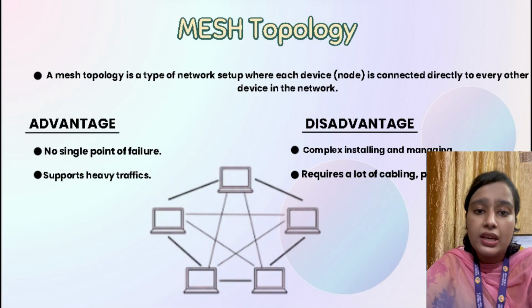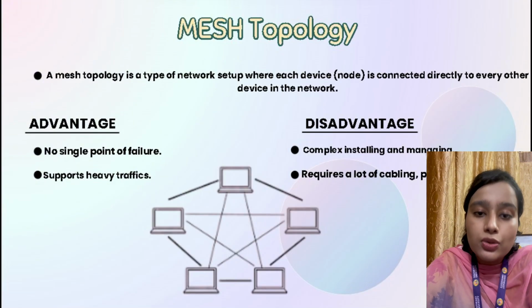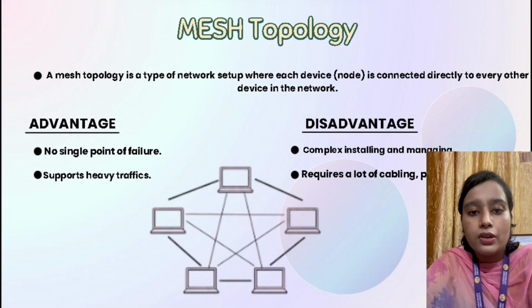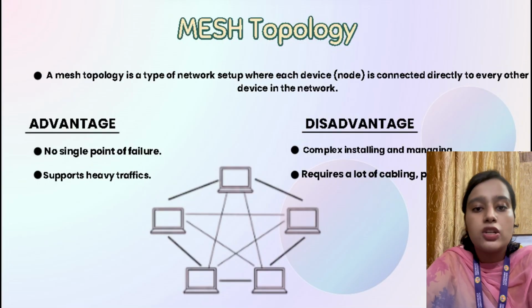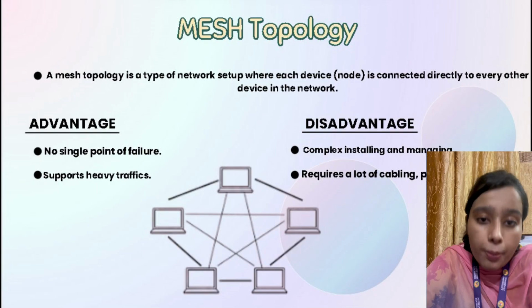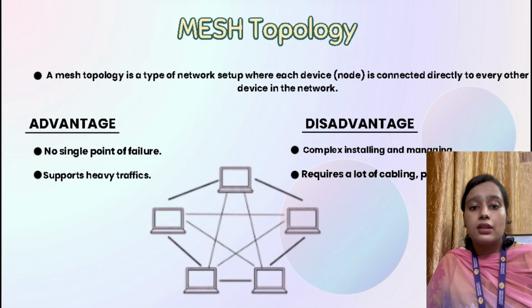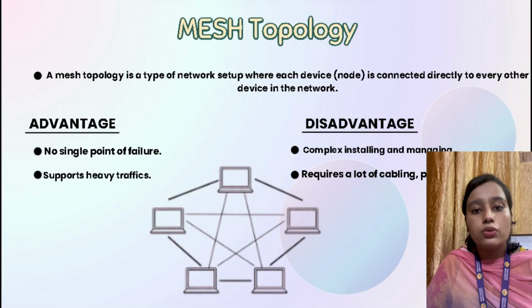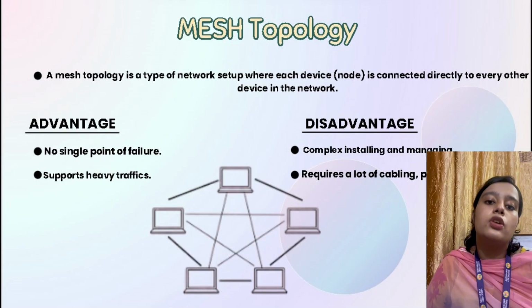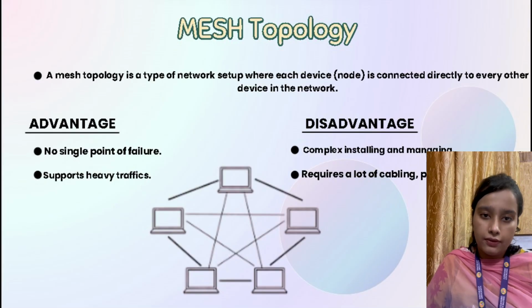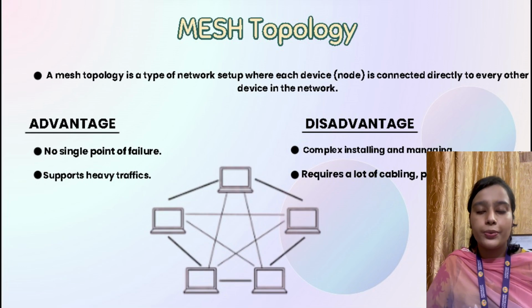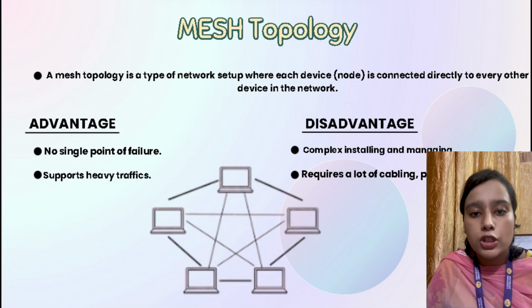They are it requires a lot of cabling and ports, and it is complex to install and manage. As we say, mesh topology is one kind of complex topology because it connects every device to each other. So it requires a lot of cabling for sure. So this is my mesh topology.